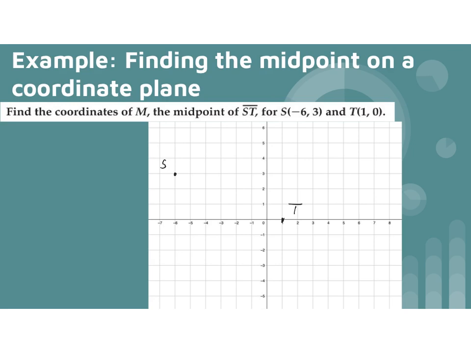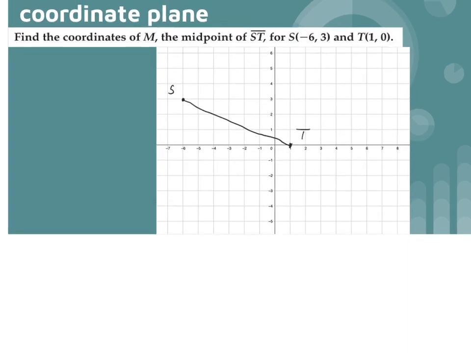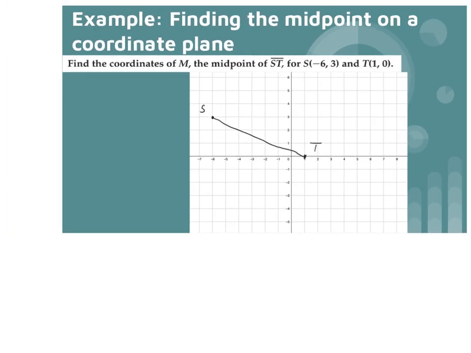All right, let's solve this together. So we have this line segment that we're looking to find. Our formula for finding the midpoint is M equals x1 plus x2 divided by 2, comma, y1 plus y2 divided by 2.